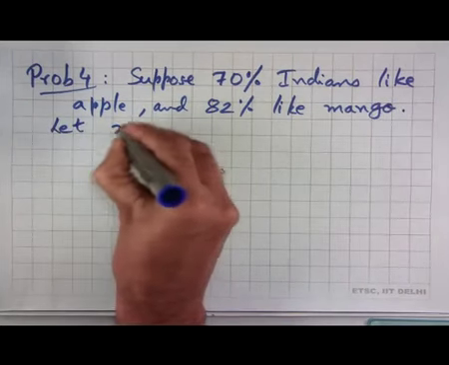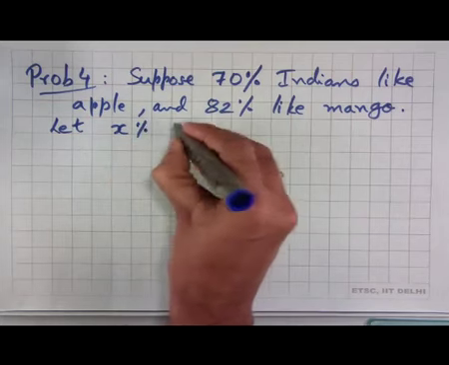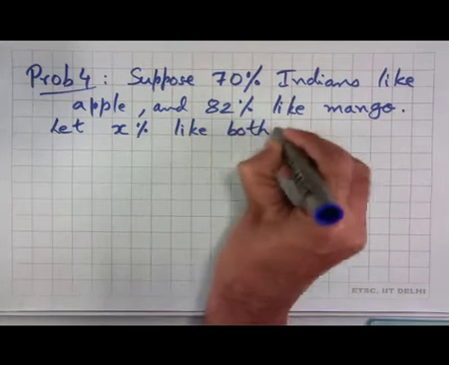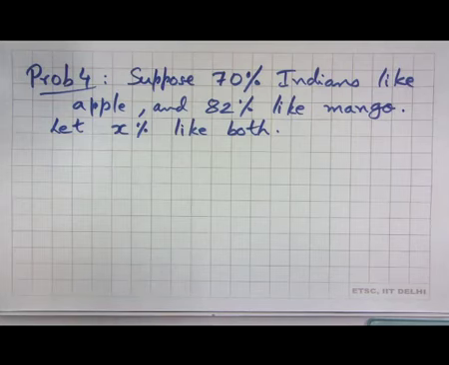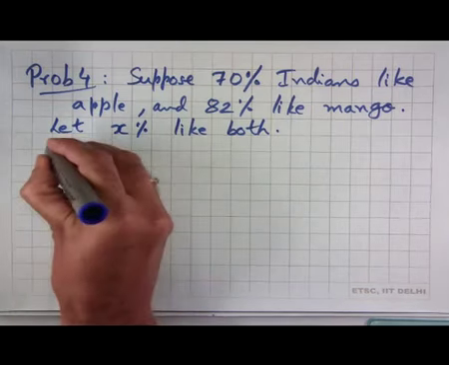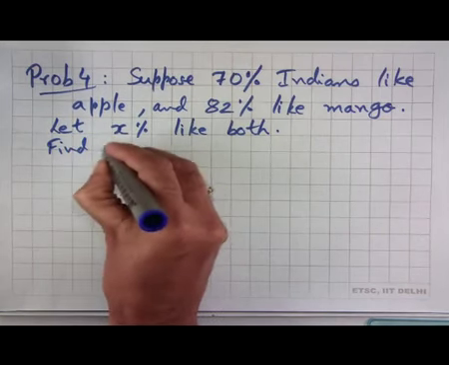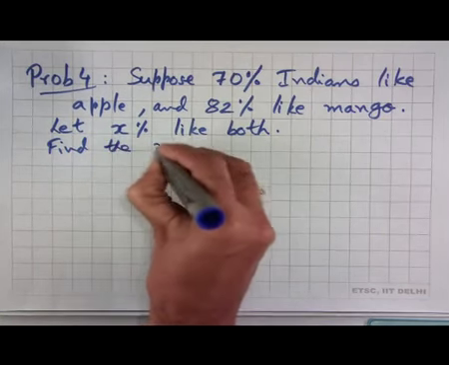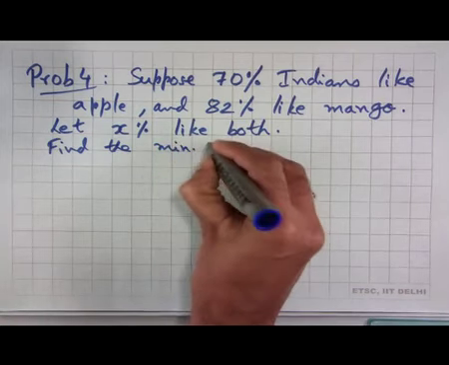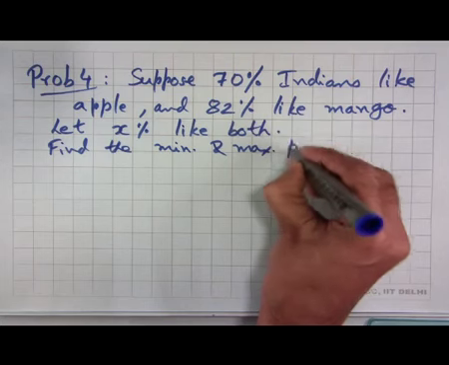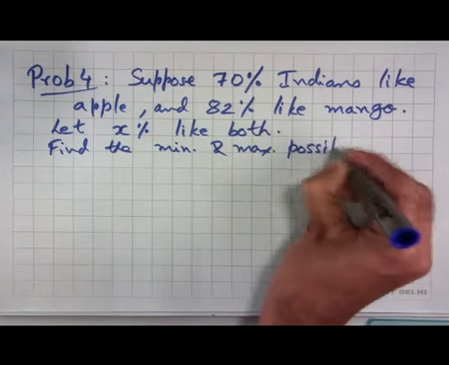Let x% of Indians like both, and find the minimum and maximum possible x.